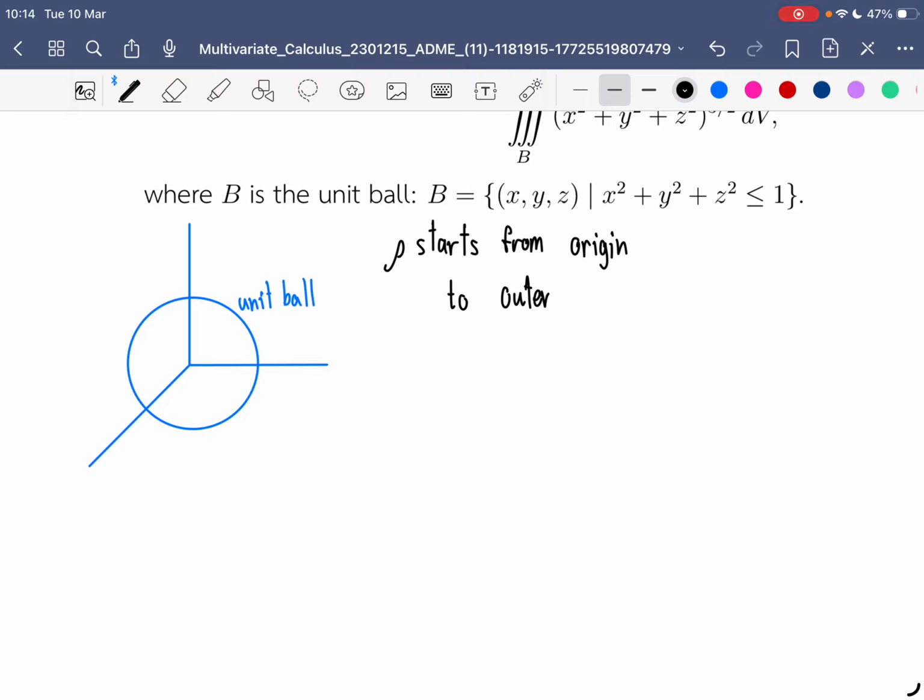This is a whole unit ball, right? Inside is solid. So we start from the origin, where we already start to count. So rho will be from 0 and expanding outward, hitting the surface of the ball.